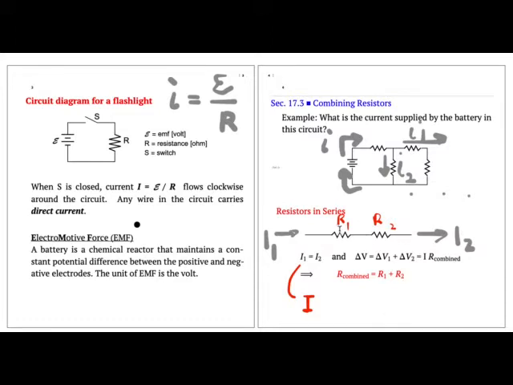Delta V1 is R1I. Delta V2 is R2I. So the potential difference across these two resistors is I times the combined resistance. And the combined resistance is just R1 plus R2.